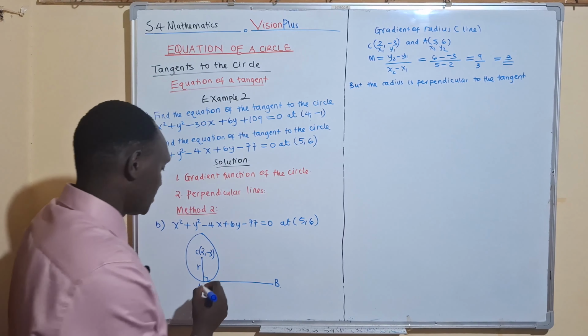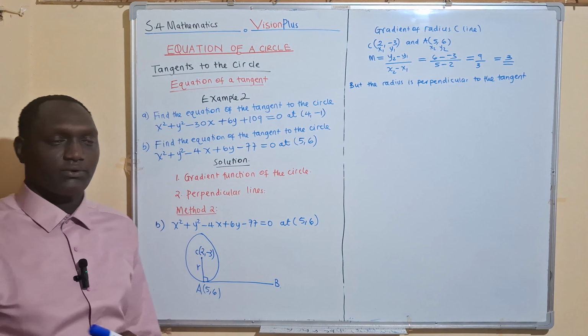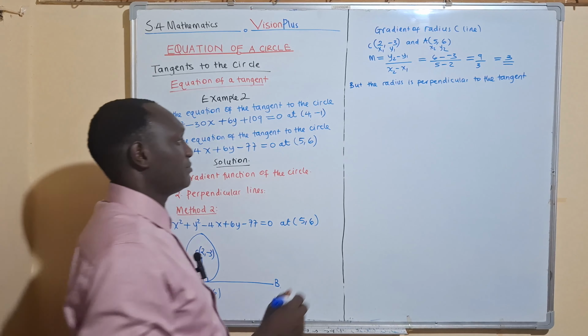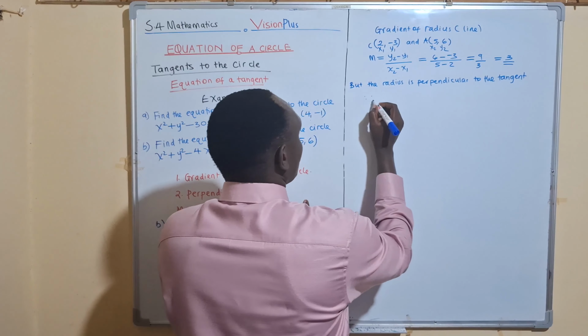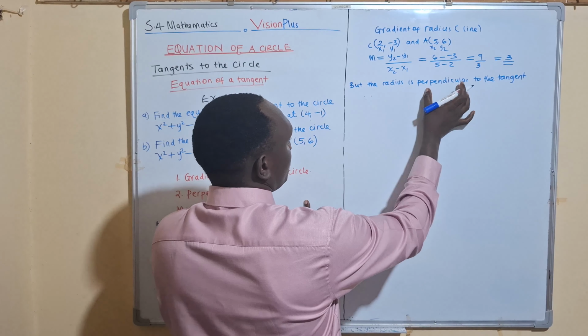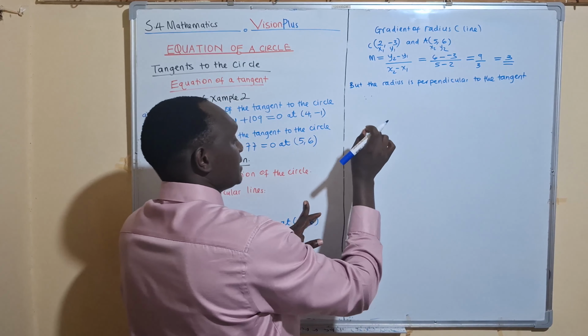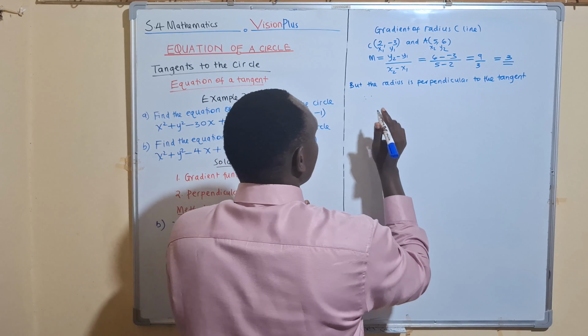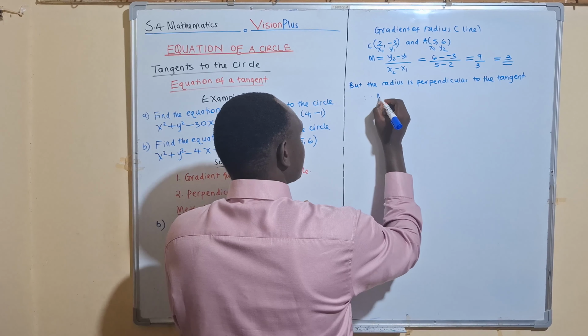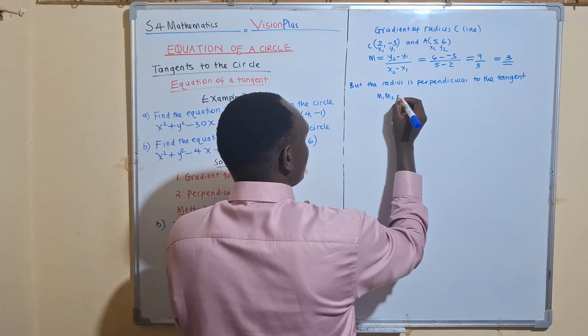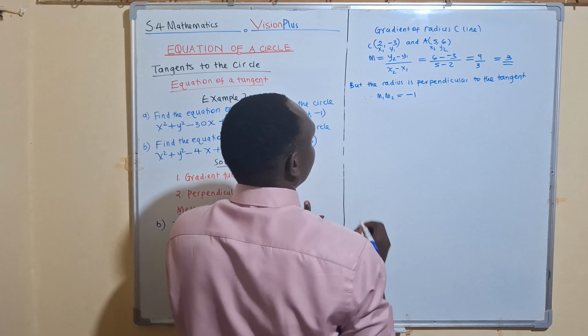That means they are meeting at right angle. Now, what does it mean? This implies that when you use the concept of perpendicular lines, the product of the gradients of perpendicular lines is negative 1. That is m1 times m2 equals negative 1.